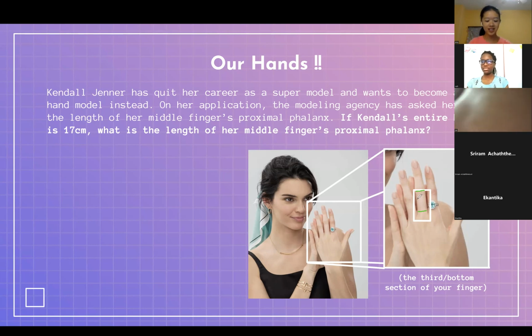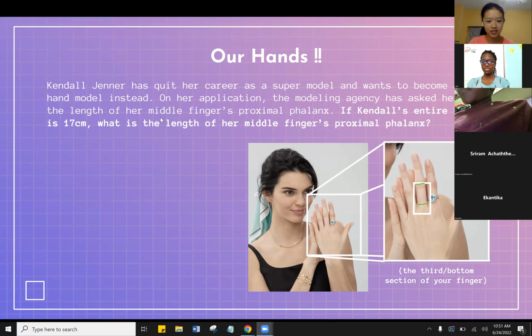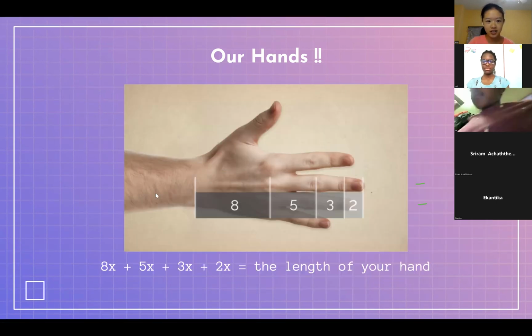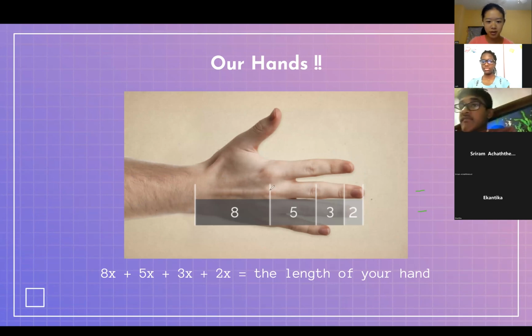It's this part, the third section on your middle finger. I'll go back to the ratio slide. So the proximal phalanx would be this section here.